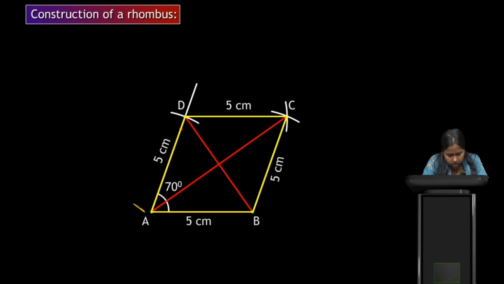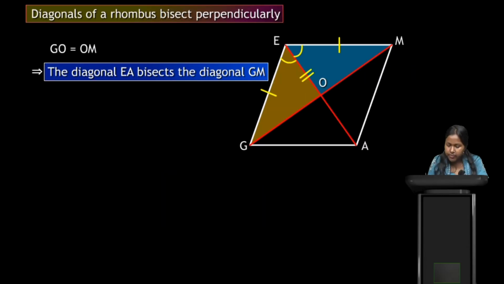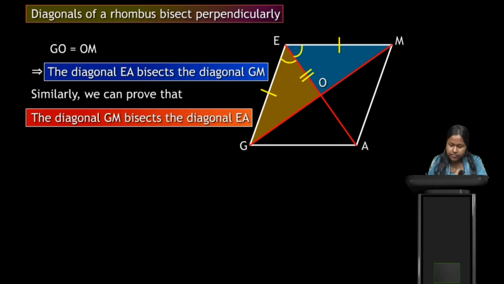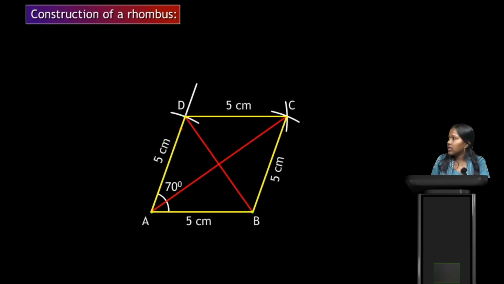So that means angle EOG is 180 divided by 2, which is equal to 90 degrees. So here you see these angles are 90 degrees. That means the diagonals bisect each other at 90 degrees. That means we can tell the diagonals are bisecting each other perpendicularly.